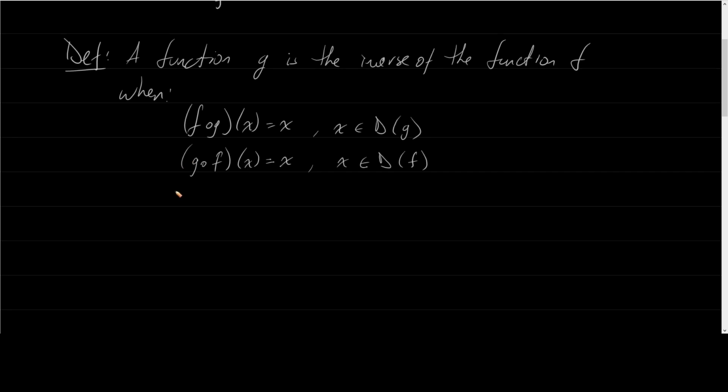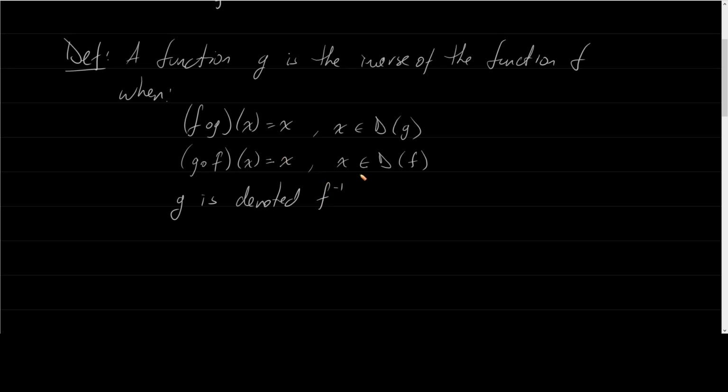Now, in general, g is denoted f inverse. All right. So in general, when these two things are true, f composed with g of x is just x, and g composed with f of x is just x, we would just denote it as f inverse.